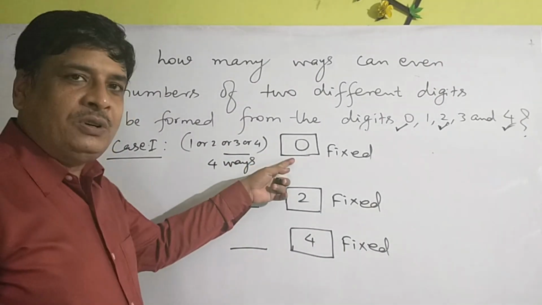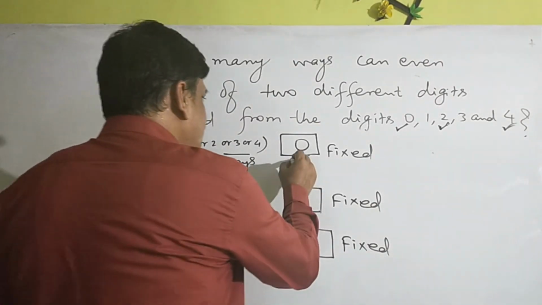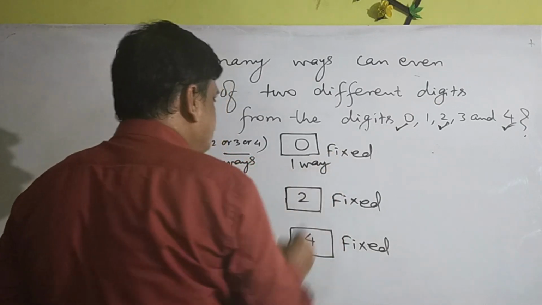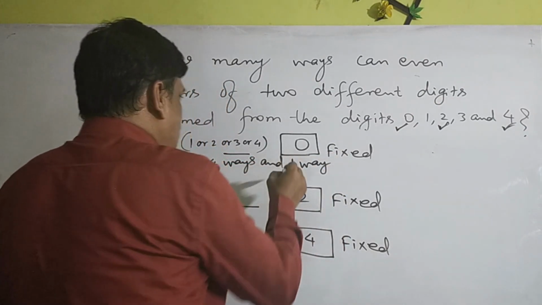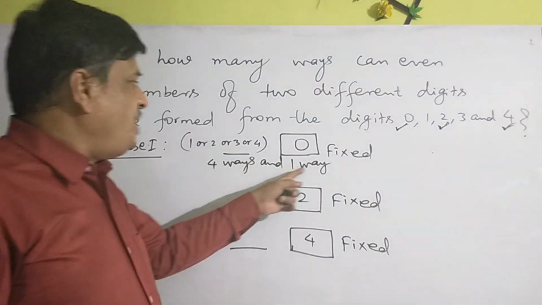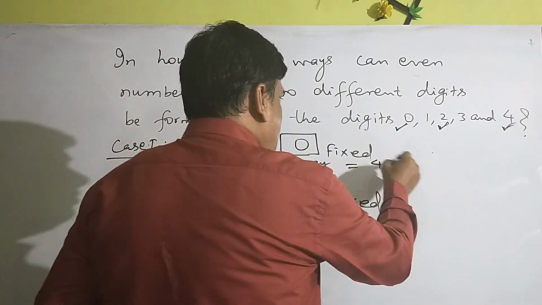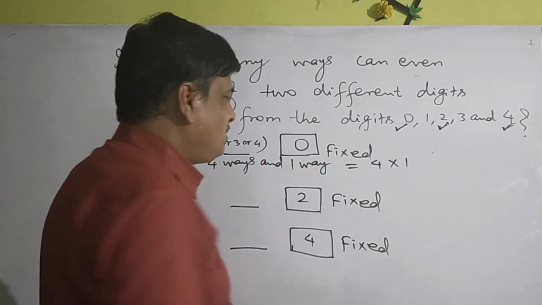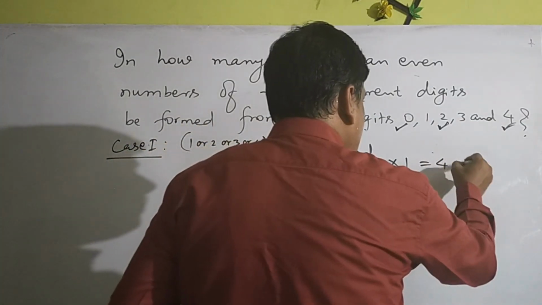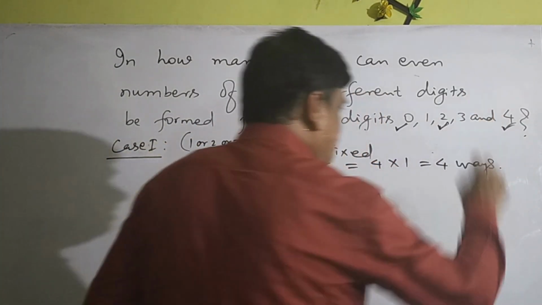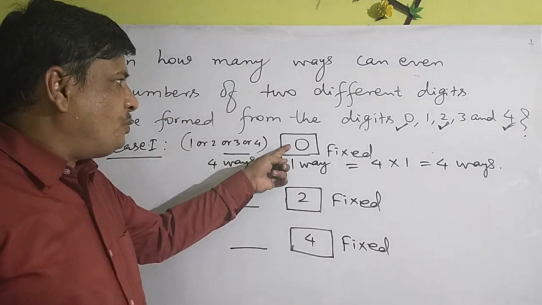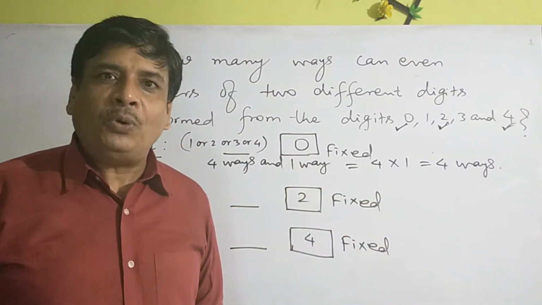And the unit place with 0 is 1 way. Tens place in 4 ways and unit place in 1 way, so while counting we multiply them. The even numbers having unit place 0 can be formed in 4 ways.